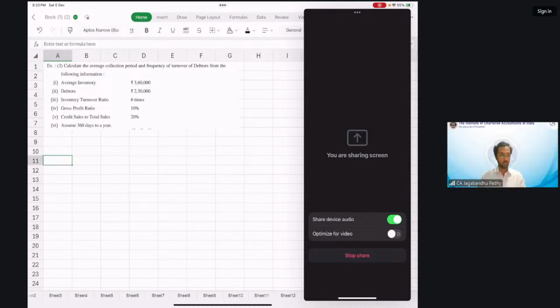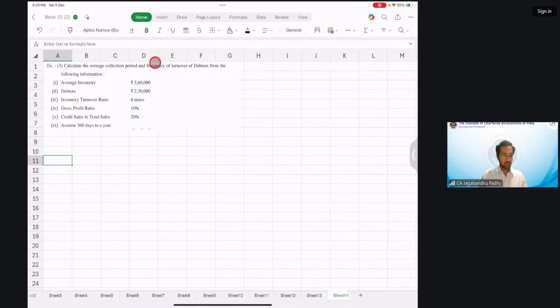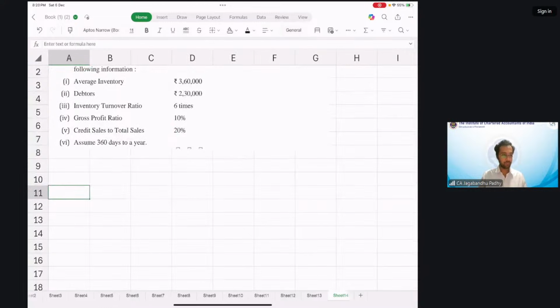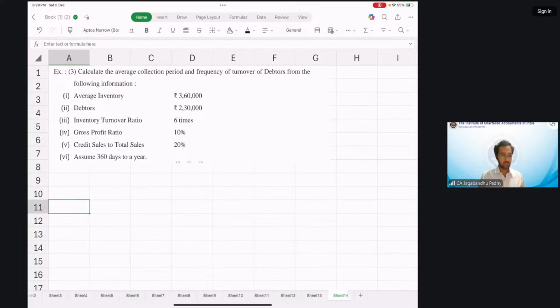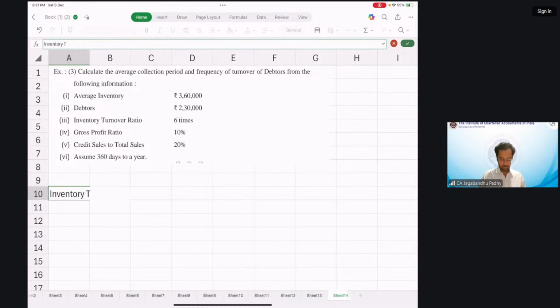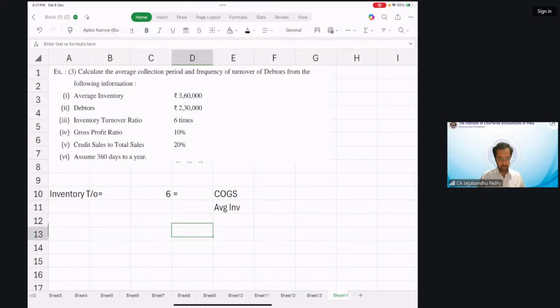So here we go. We have the average inventory of 3,60,000. Inventory turnover is 6 times. Inventory turnover is calculated as COGS upon average inventory.